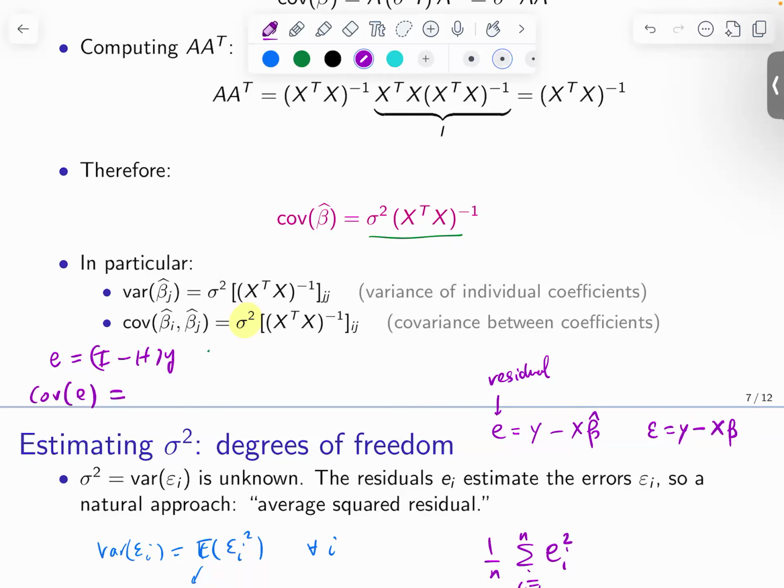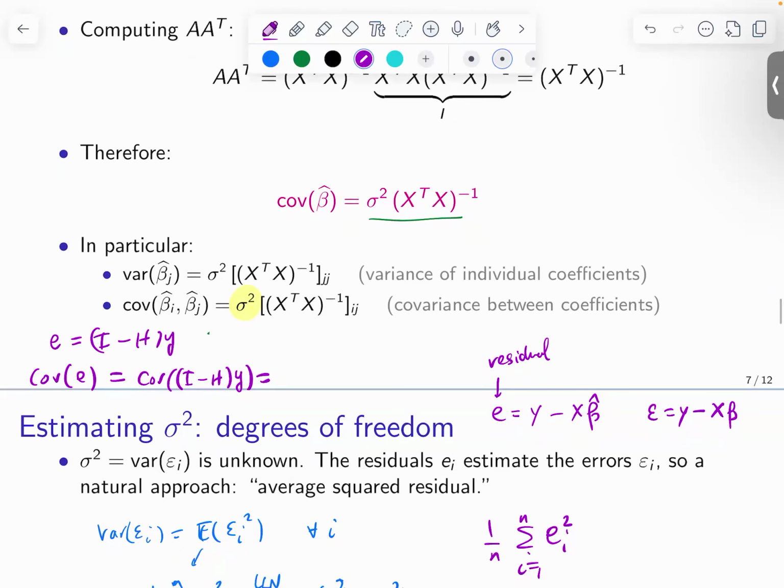Let's do it very quickly. What will be the covariance of E? It will be the covariance of (I minus H)y. Same idea: I get (I minus H) times the covariance of y times (I minus H) transpose.